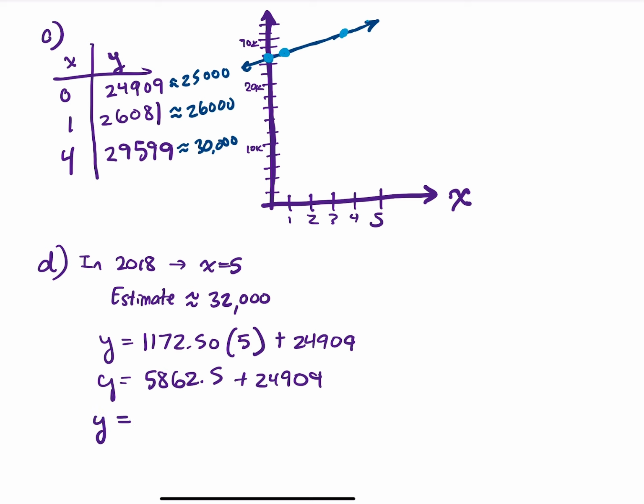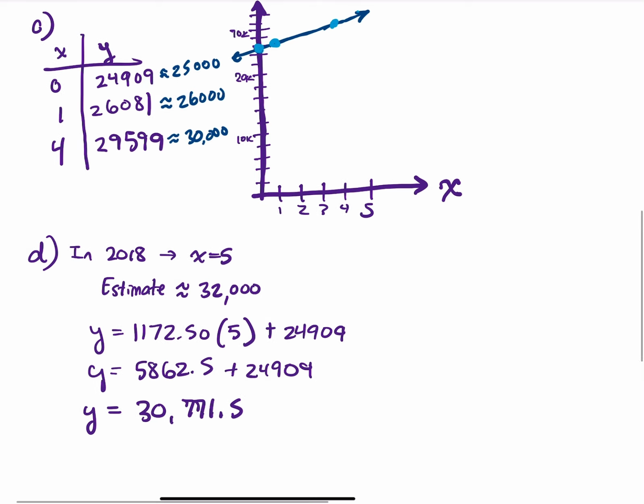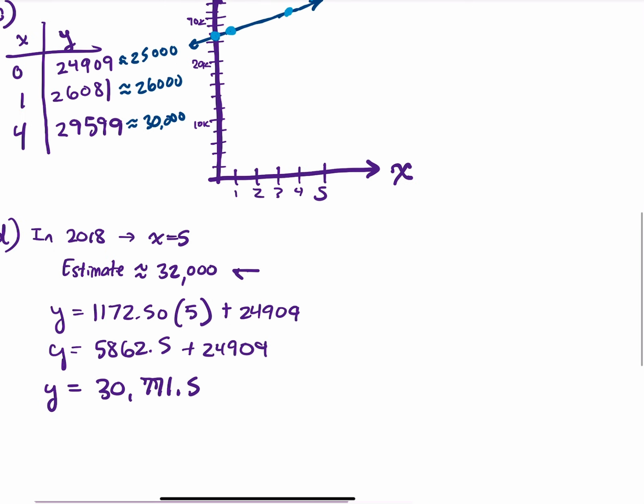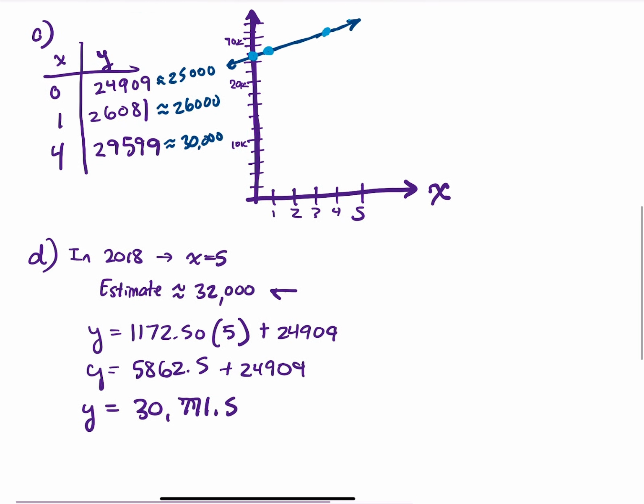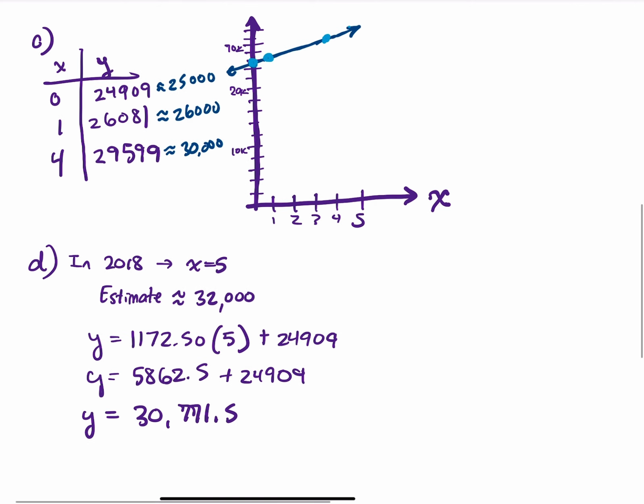And this gives me the exact answer, which is a little bit less, 30,771.5. So kind of close to our approximation. We're still off by a little bit, and that's due to trying to cram all these values into the graph. Might think about making better spacing for the y-axis next time.